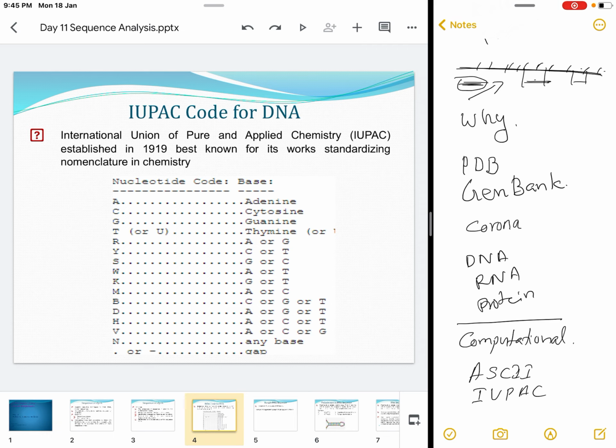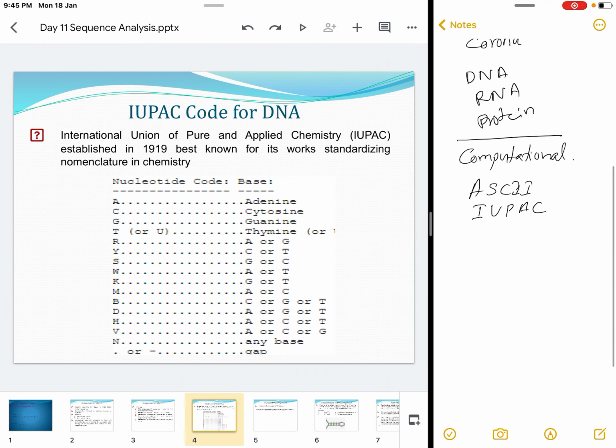So the IUPAC code of these sequences is always important for us. If it is a DNA sequence, as we have seen in the previous classes, there are 4 nitrogen bases, and they are represented by the IUPAC code: A for adenine, C for cytosine, G for guanine, and T for thymine.